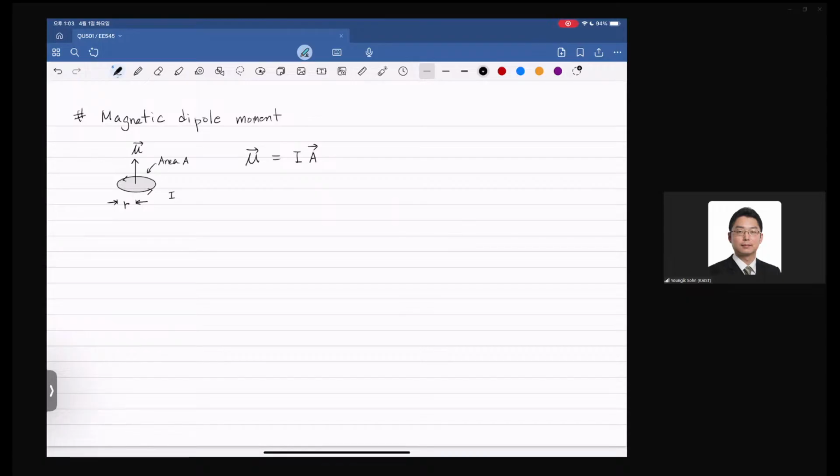The current times the area is the magnetic dipole moment. If I take out the normal vector separately, I can write a unit vector. This is a unit vector. The direction is defined by the right-hand rule.